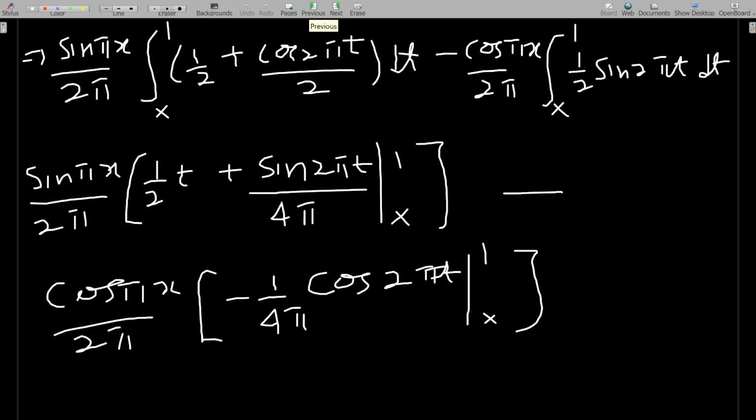If I put 1 in, I'll get cos pi, sorry, minus 1 over 4 pi times cos 2 pi. And cos 2 pi is also 1. So you get minus 1 over 4, then minus 1 over 4 cos 2 pi x. And that will give you minus 1 over 4 pi plus 1 over 4 pi cos 2 pi x. I hope you get this.